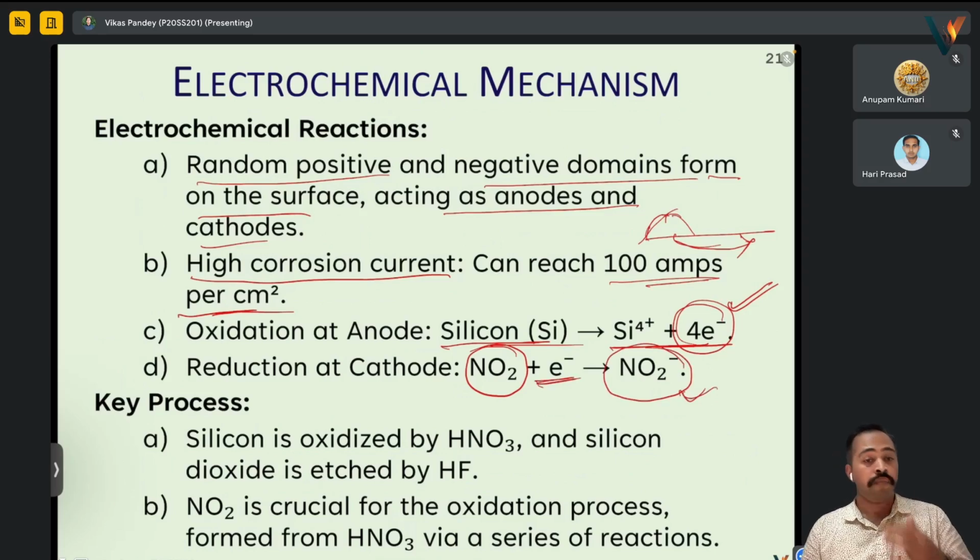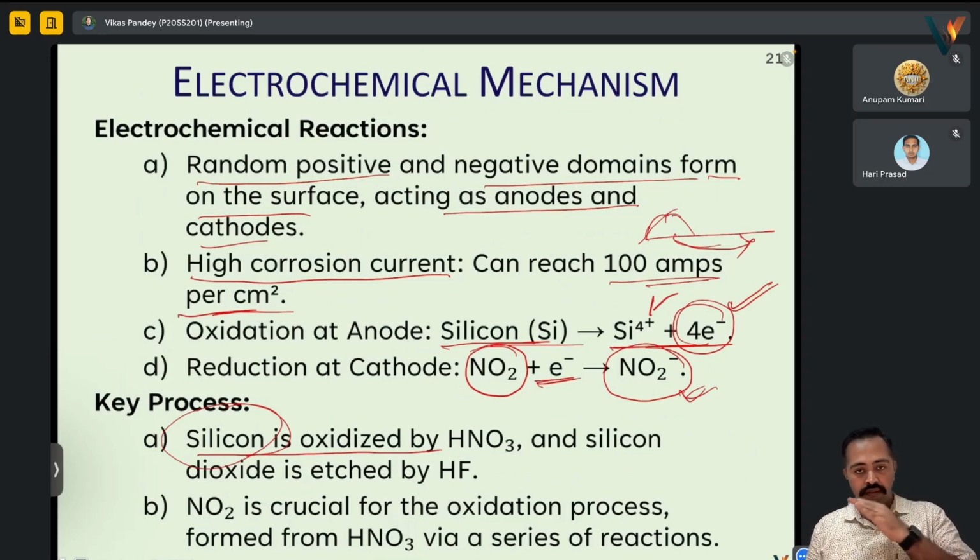So this will oxidize silicon in return, since silicon is now available as an ion instead of in the lattice. It will react with the oxygen present and form silicon oxide. So this is a corrosion reaction. That is, the material silicon is getting corroded or converted to oxide.